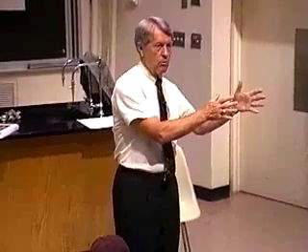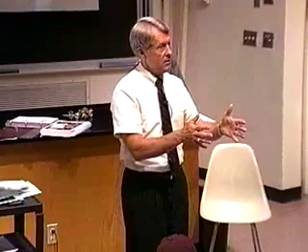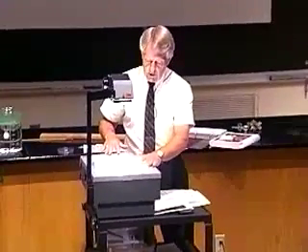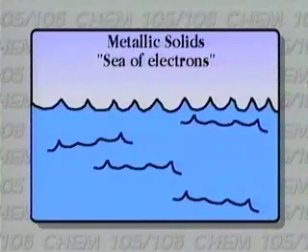So molecular will not conduct, ionic will conduct in the molten state but not in the solid state, and metallic solids will conduct in both the solid and the molten state. Well, how do we account for this behavior of electrical conductivity? Well, we talk about a sea of electrons.